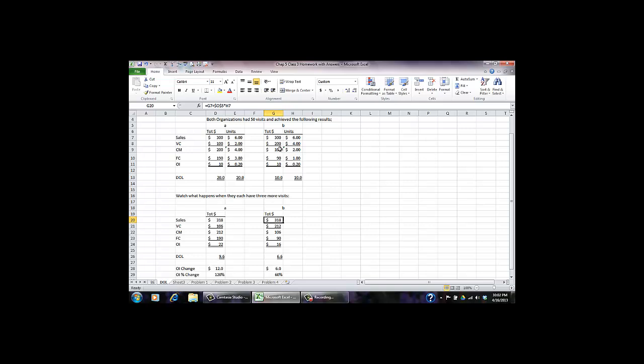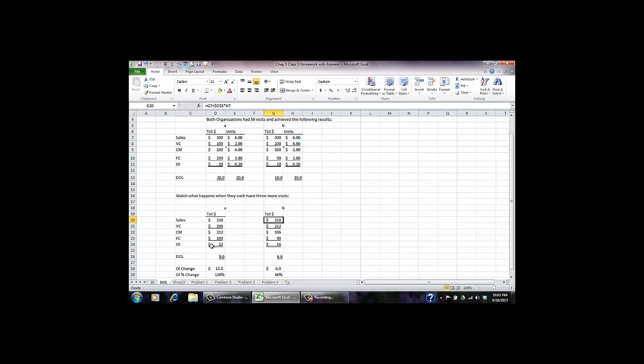Over here, their variable costs were $4, so they get an extra $12 in variable cost. Their contribution margin is 212 and 106. Here it was 200 and here it was 100. Their fixed cost, this is important, stays the same because they're within their relevant range. They don't have to add any more fixed costs.